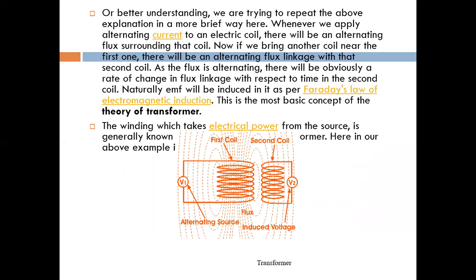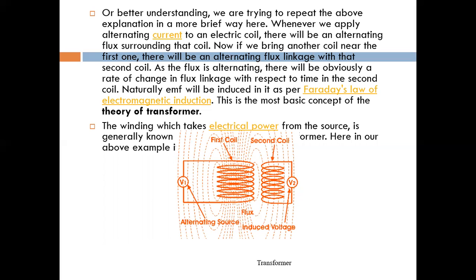As the flux is alternating, there will obviously be a rate of change of flux linkage with respect to time in the second coil. Naturally, EMF will be induced in it as per Faraday's law of electromagnetic induction, as we have discussed earlier. This is the most basic concept of the theory of transformer.